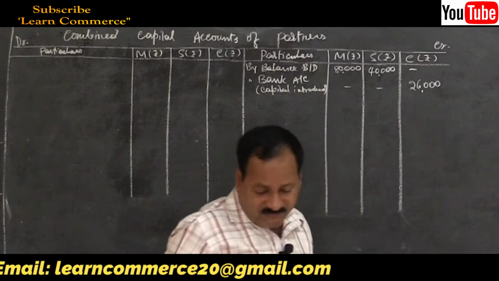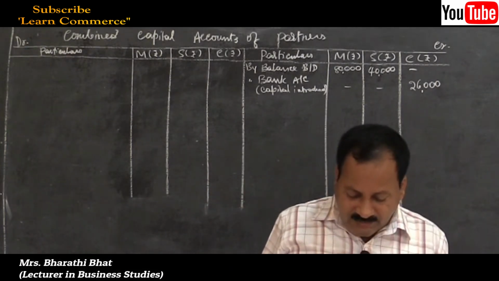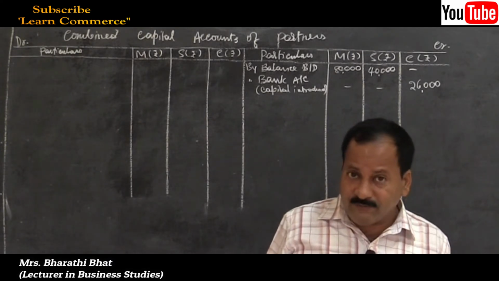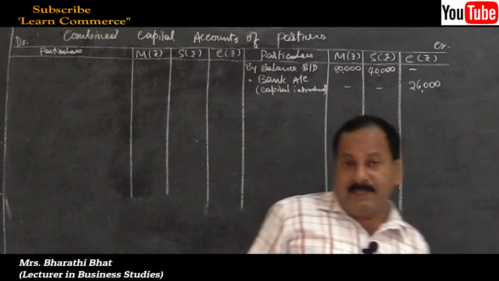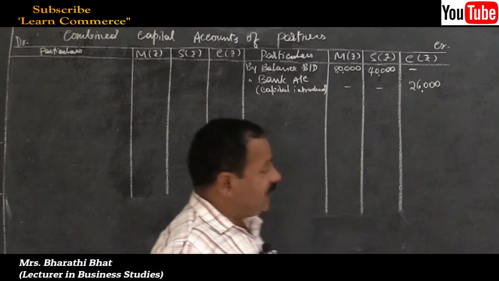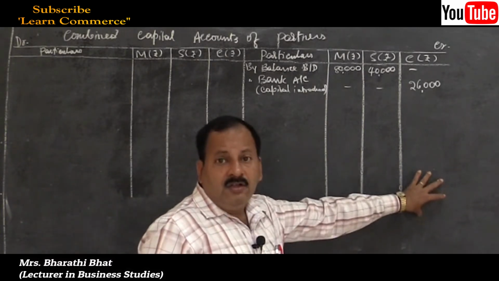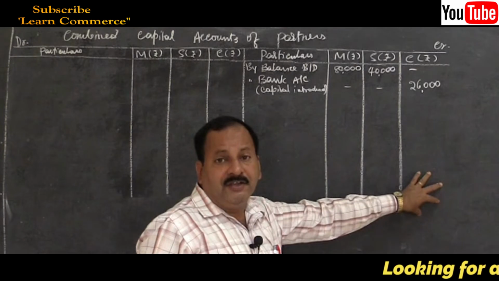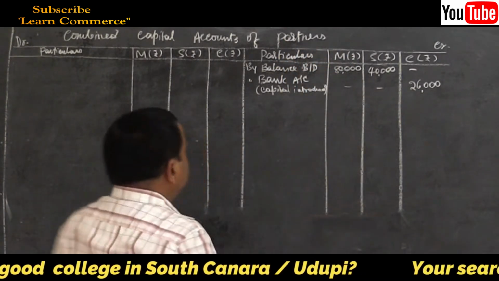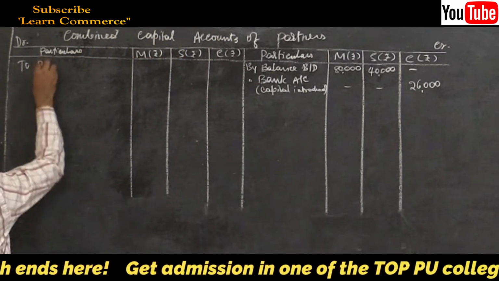Then what next? Then whether there is a profit on revaluation of assets and liabilities? No, there was loss, correct. So enter it on the debit side. Journal entry was old partner's capital account debtor to revaluation account, right?